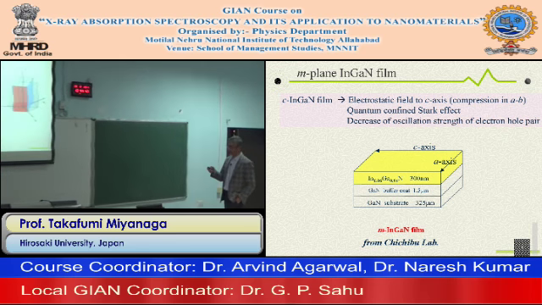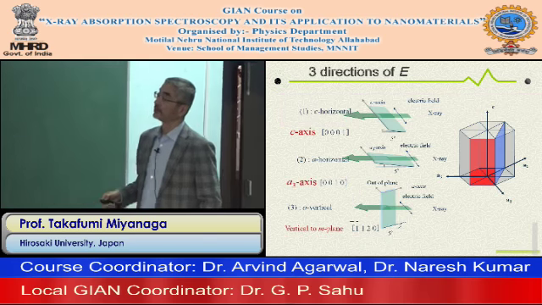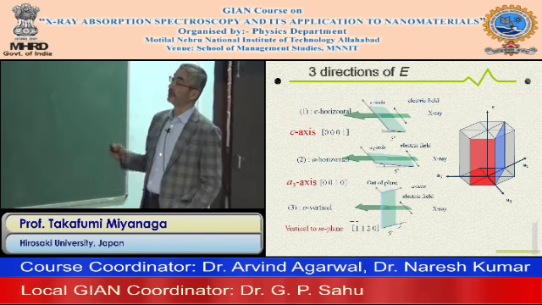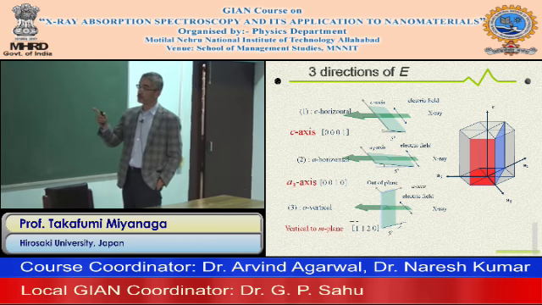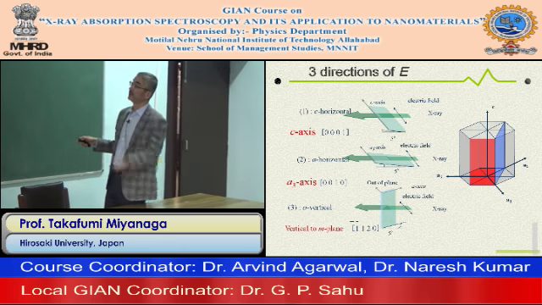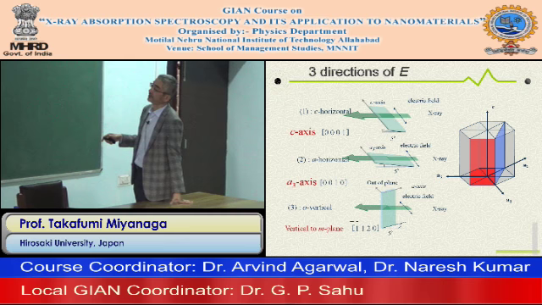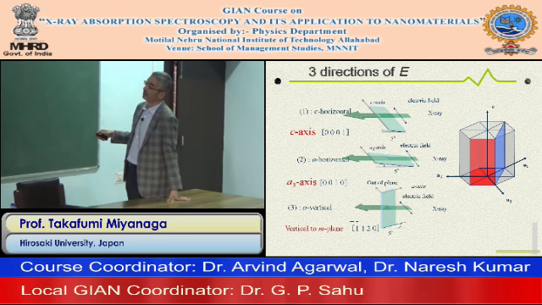Now our sample dimension is here, and the polarization of the X-ray is horizontal. First, we measure with the polarization parallel to the C-axis. This means the C horizontal.